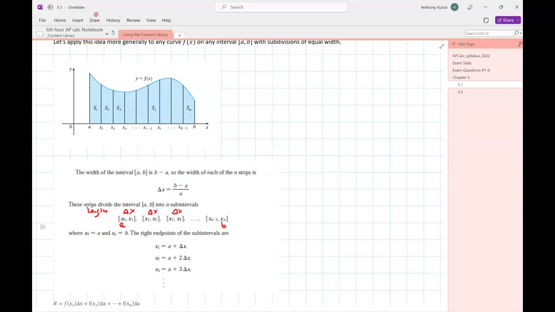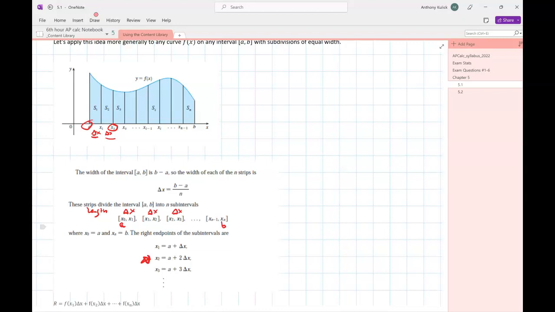So if I want to, I can rewrite the right endpoints of my intervals as the starting value plus some number of delta x's. If each of these lengths is delta x, x2 would be a plus 2 delta x's, which is all we're saying.